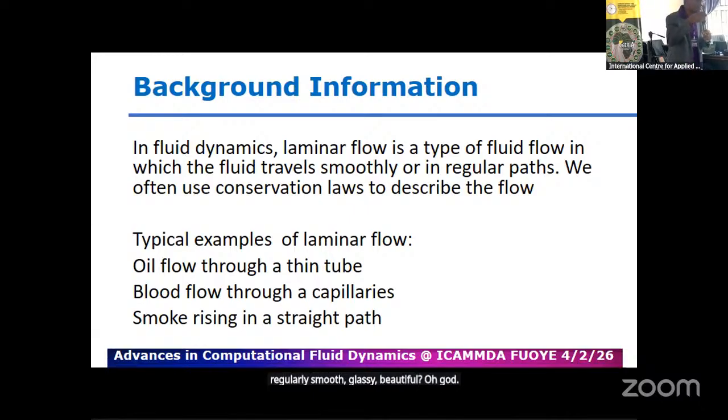But the moment you increase the knob, then it becomes scattered, it becomes irregular. So that's what we mean by this. Typical examples are oil flow through a thin tube, blood flow through the capillaries, or smoke rising in a straight path. When you're smoking a cigarette, you can see the smoke going very smoothly, but after a while it scatters, it becomes irregular.